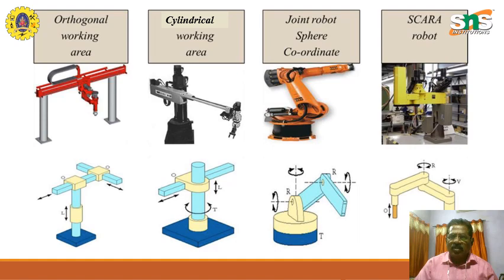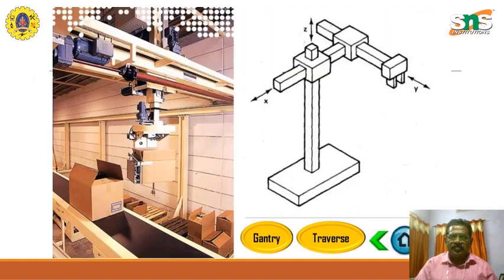You have the assembly robot or the SCARA robot. Now, in the picture you see the gantry robot, where it can move horizontally, move up and down, and also have the component lifted up, etc. Okay, the gantry type or traverse type.